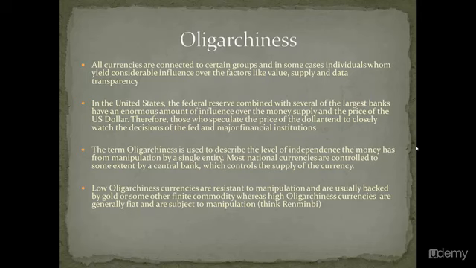Low oligarchical currencies are not very common. They used to be much more common, especially when we talked about gold-backed currencies or silver-backed currencies, but over time they've been nearly ubiquitously replaced with fiat currencies that are subject to manipulation.